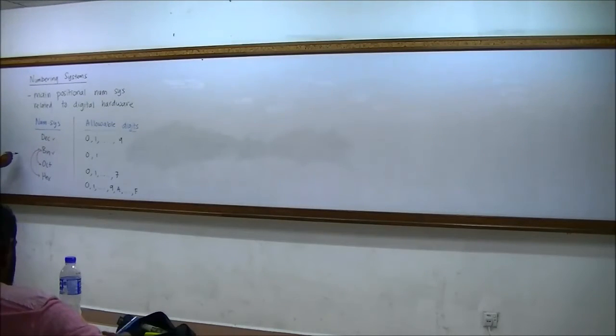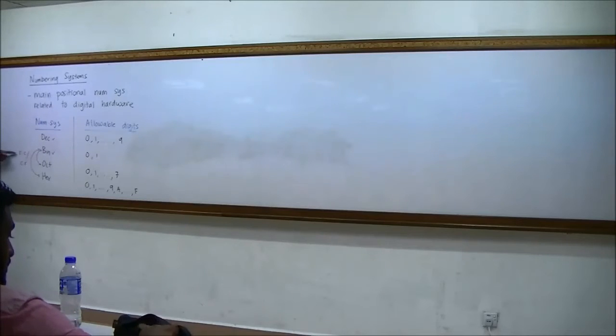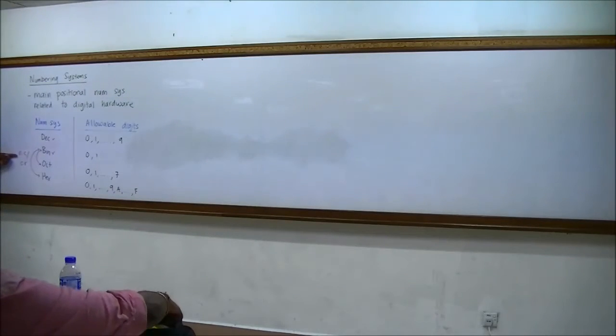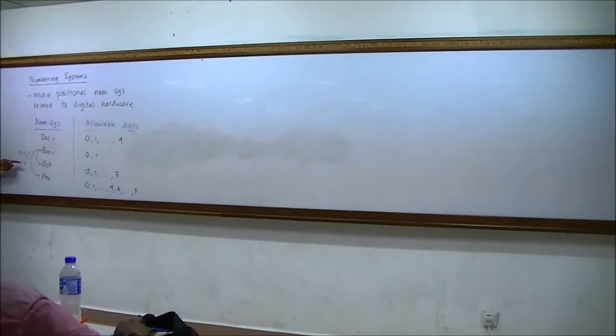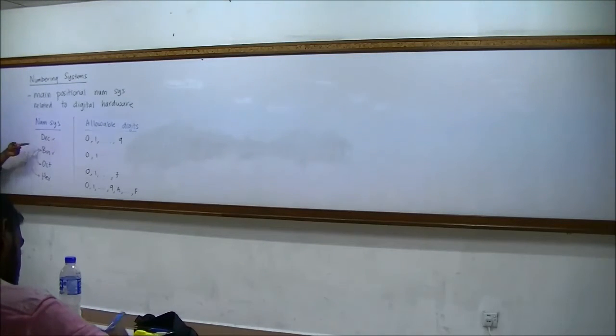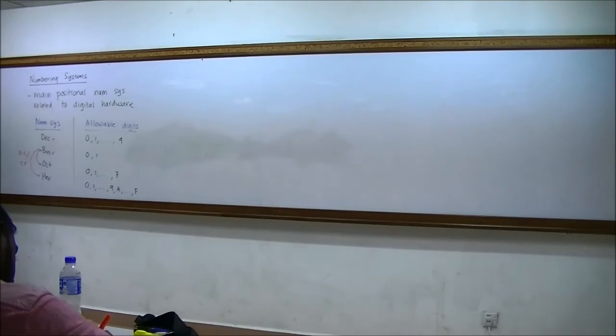They are known as natural correspondence or compact representation. What does NC stand for? Natural correspondence and also compact representation. We shall see what those mean with respect to binary-octal and binary-hexadecimal. Is it okay? Any question up to this point?